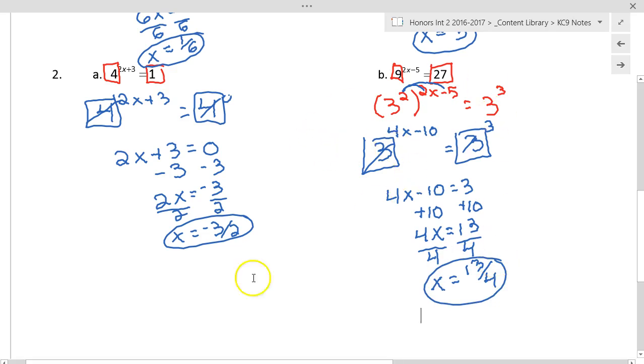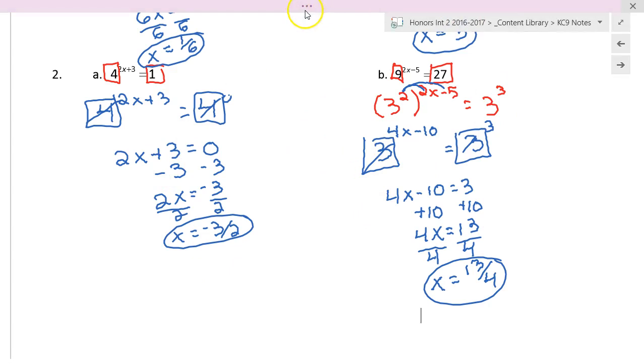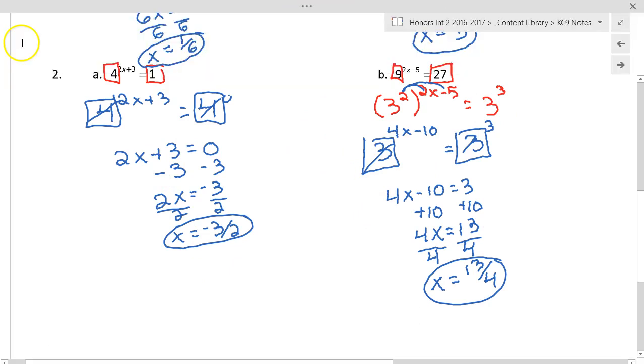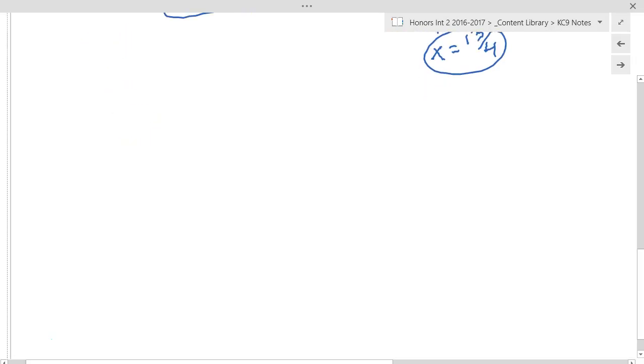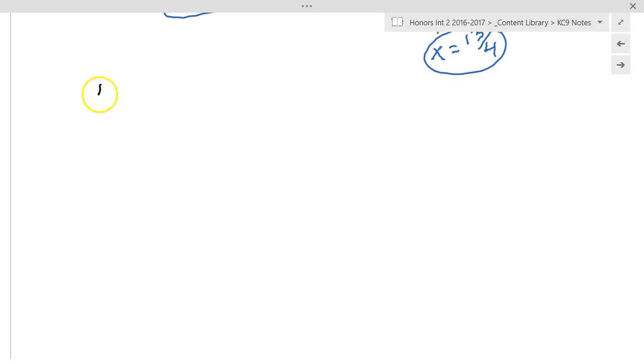All right, there's one more example I would like to show you. Even though it's not on the page, I'm just going to write it. So if I had something like 4 to the x plus 2 is equal to, say, 8 to the x minus 3.